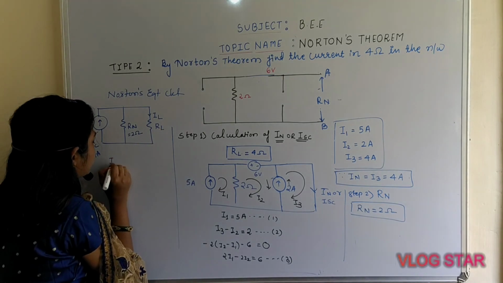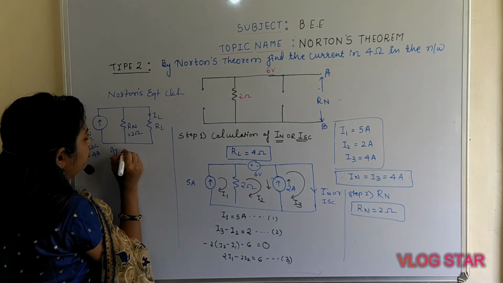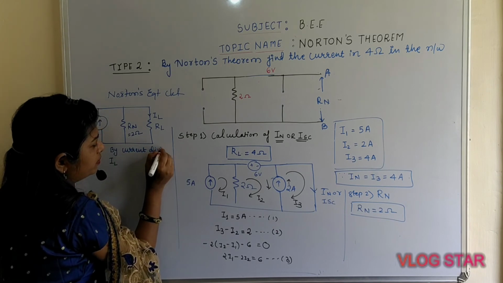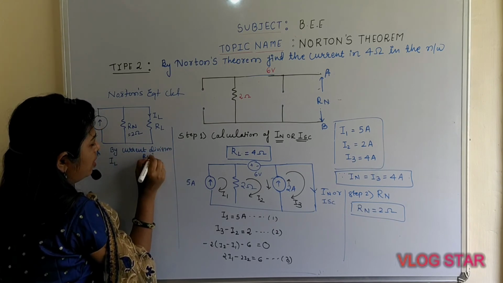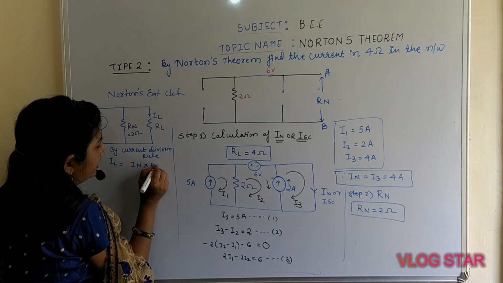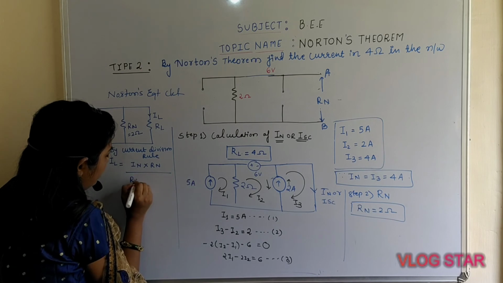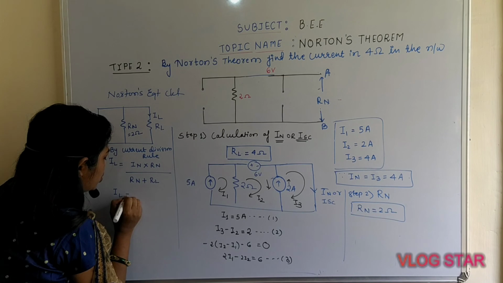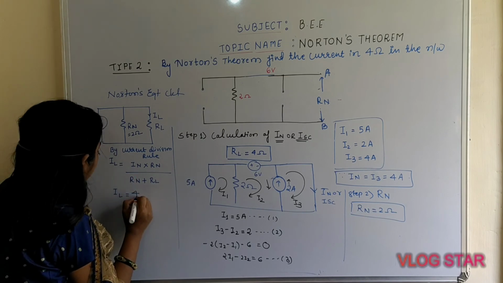Can you tell me what is IL by the current division rule? IL is equal to IN into Rn divided by Rn plus RL. I hope you have understood this. What is the value of IN you received?